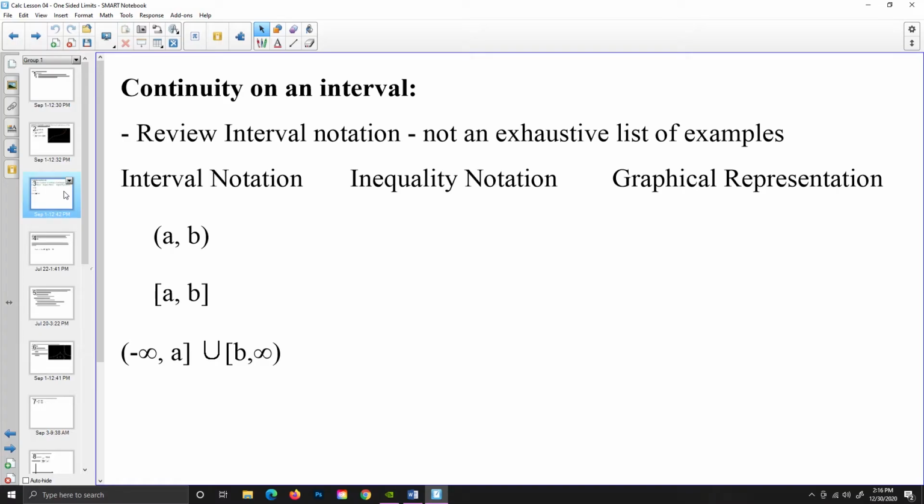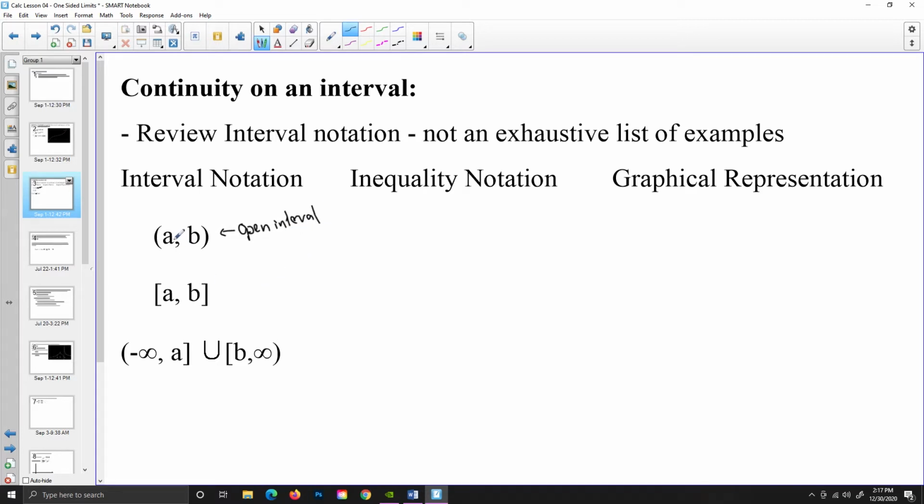Continuity on an interval. Before we get to continuity on an interval, let's review some interval notation. This is certainly not an exhaustive list of examples, but real quick, let's start with an open interval.